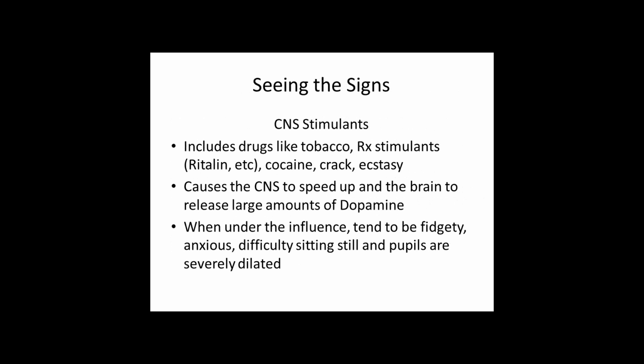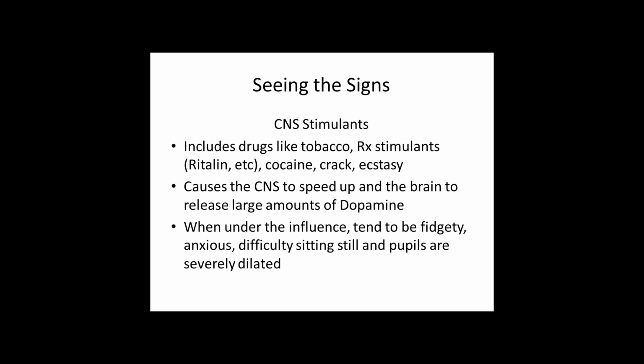Well, their brain has just released a bunch of endorphins, and those endorphins sit on the opiate receptor sites in the brain and cause this feeling of well-being and relaxation. With stimulants, it causes the release of large amounts of dopamine, and dopamine is what regulates how up and good we feel.